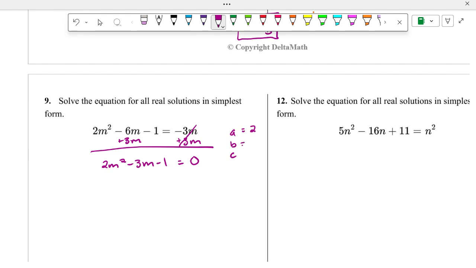ABC, it's 2, negative 3, negative 1. So I'm going to put it in my formula. So this would be negative 3 plus or minus the square root of negative 3 squared minus 4 times a, which is 2, times c, which is negative 1, all over 2 times 2, or 2a. So again, just put in my formula as is. Done nothing simplifying wise.